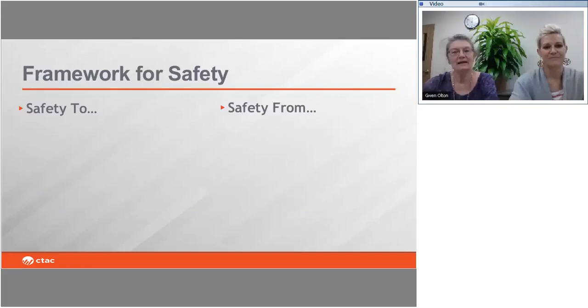So we'll jump in. We just want to offer a couple of frameworks to think about safety. And certainly there's more out there than what we'll touch on today. But when I think about safety, I like to think about it in the same way that maybe you were introduced to this concept in school.